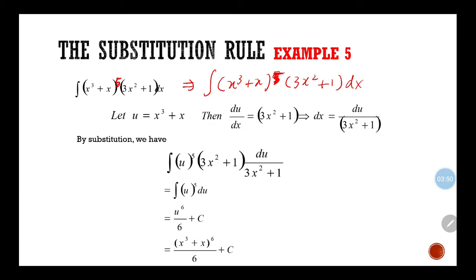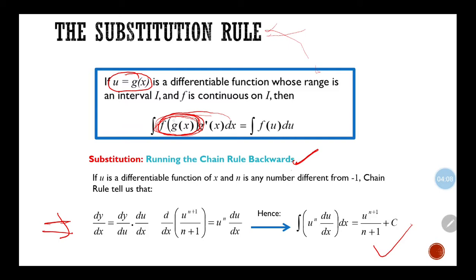Okay, so what you can do here, if you look at this function, we try to let u. So the first challenge is, which function should we choose as your u, to let u equals to what? Alright, so as I said tadi, kalau kita tengok function ni, dia f(g(x)), dalam tu ada g prime x sebenarnya.